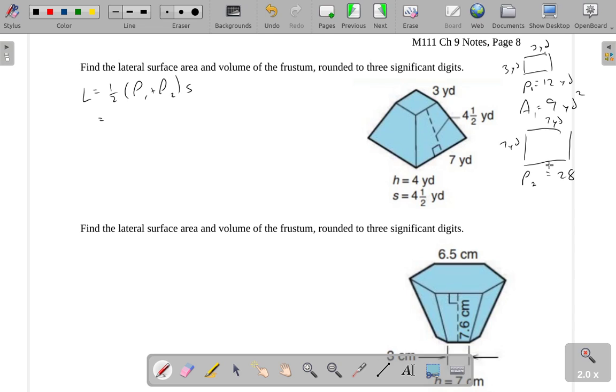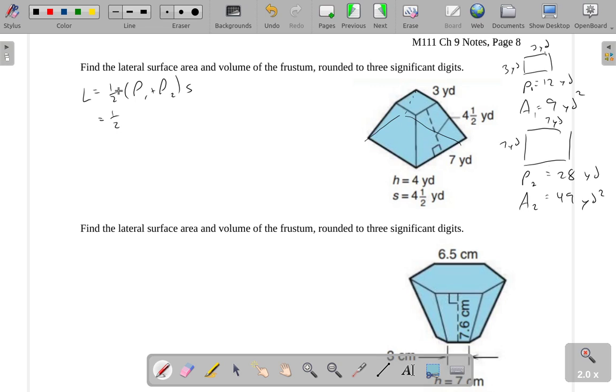That's 7 plus 7 plus 7 plus 7, or 7 times 4. 28 yards. And the area of this bottom base would be 7 times 7, which is 49 square yards.